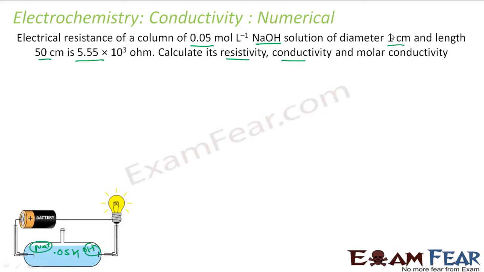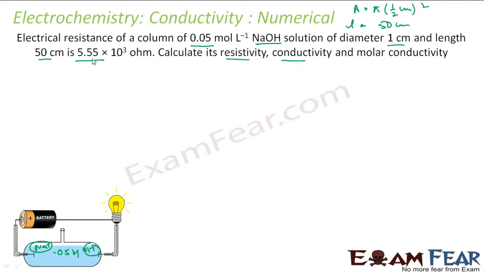Diameter is 1 centimeter. That means area, if I want to find, area is what? Pi r square. R becomes 1 by 2 centimeter. This becomes my area. Length is given, 50 centimeter. Please note everything is in centimeter now here.